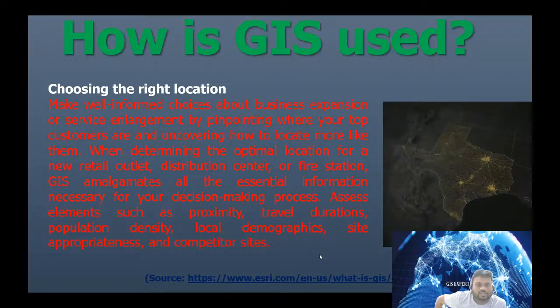When determining the optimal location for a new retail outlet, distribution center, or fire station, GIS amalgamates all the essential information necessary for your decision making process. Assess elements such as proximity, travel duration, population density, local demographics, site appropriateness, and competitor sites.